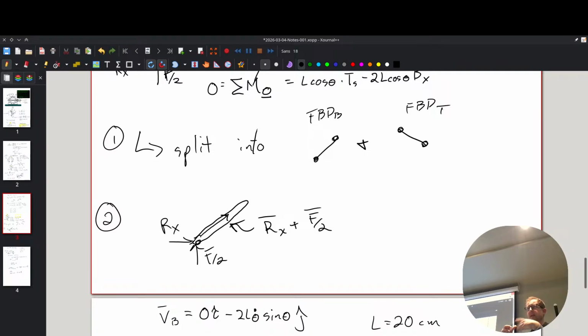It can't hold any force other than directly along the beam. So if we use this, it gives us one more equation: if this is my theta, what is that?